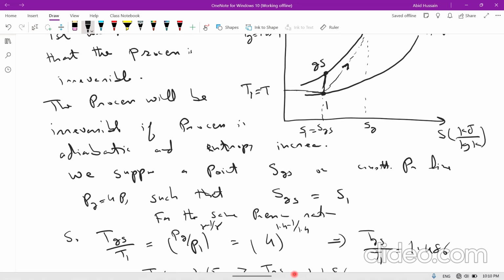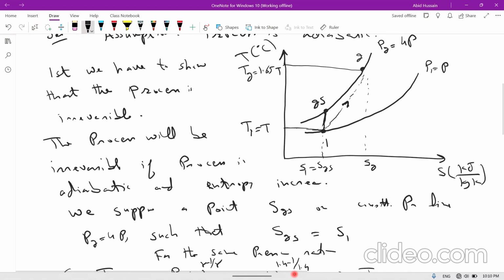So the entropy at point 1 is equal to the entropy at point 2s, and we take S2s instead of S1 because this is a constant pressure process from 2s to 2, and we can easily find the change in entropy.